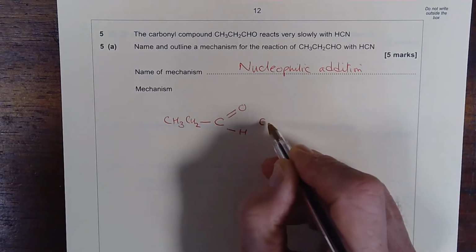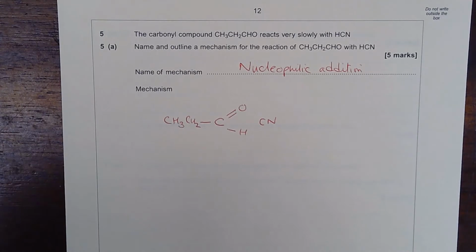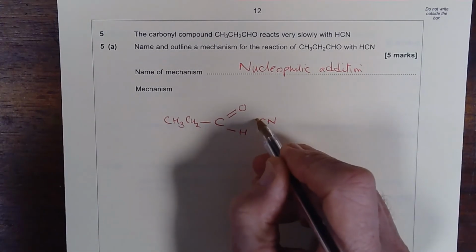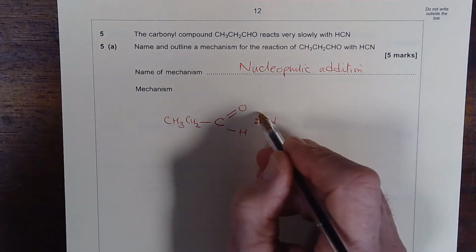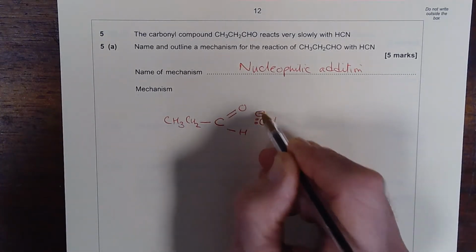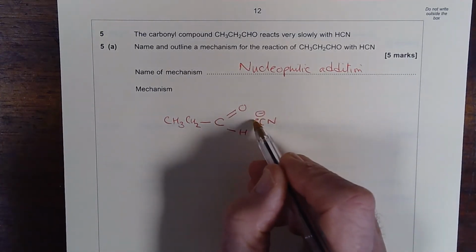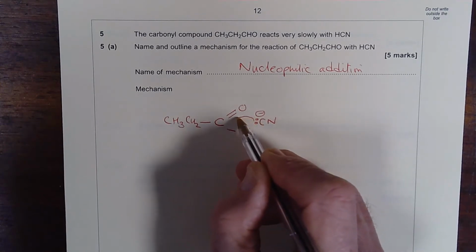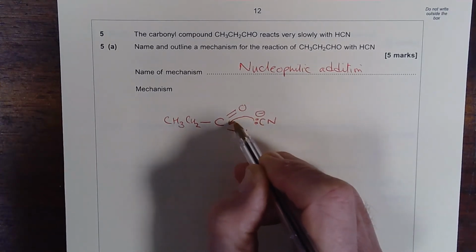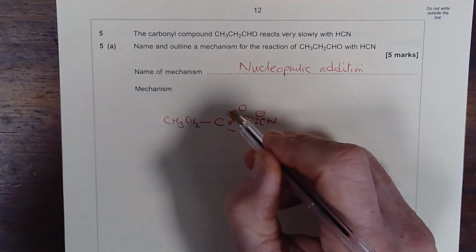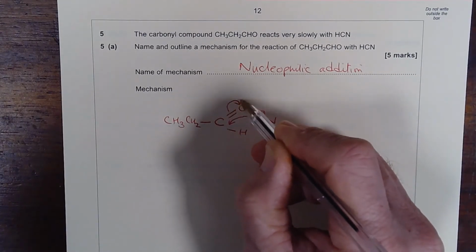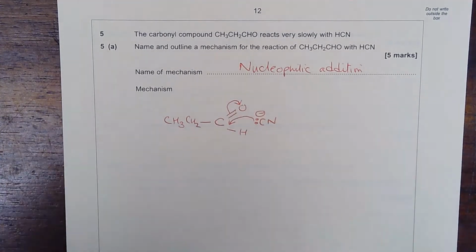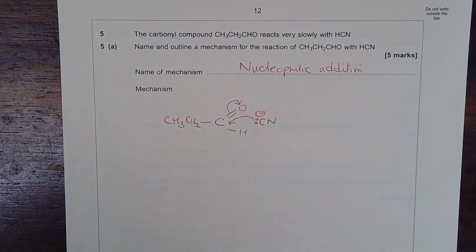It's important that you could put a triple bond in here for the carbon triple bond nitrogen, but it's essential that you understand that there is a lone pair on the carbon, and that carries a negative charge. The curly arrow goes from the middle of the lone pair to form a bond between the carbon and the carbon, and simultaneously the double bond breaks open and the bond pair becomes a lone pair on the oxygen.